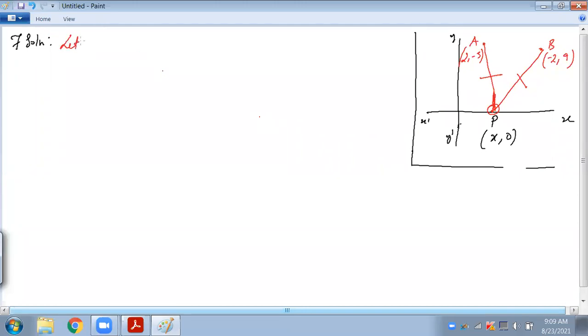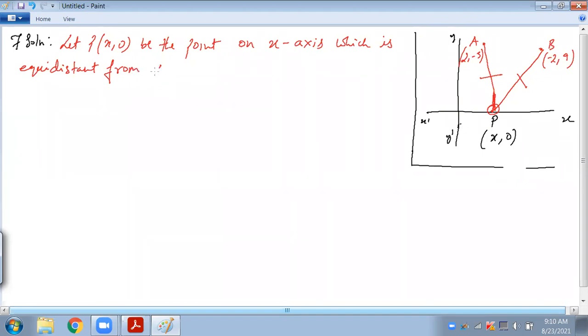So, how will we take? We'll take it like this. Let P (x, 0) be the point on x-axis which is equidistant from A (2, minus 5) and B (minus 2, 9).